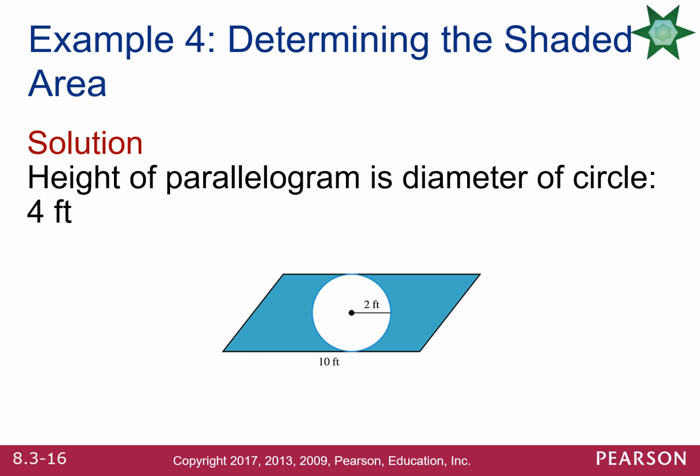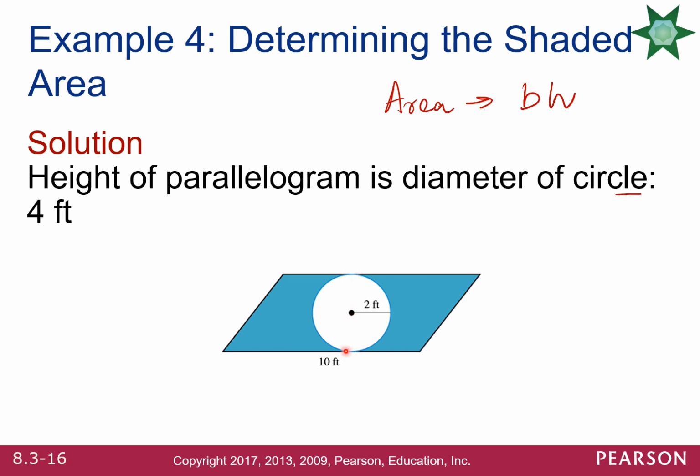Now, to find the area of a parallelogram, we use the formula B times H, base multiplied by the height. We know that the base has a value of 10 feet. How do we find the height? Height is the perpendicular distance from the base to the opposite side.